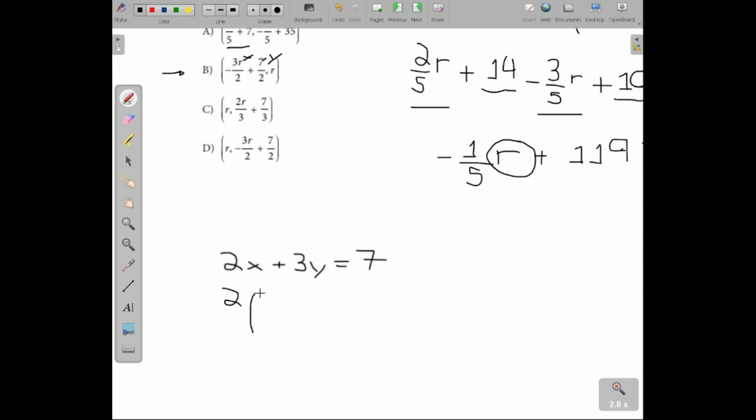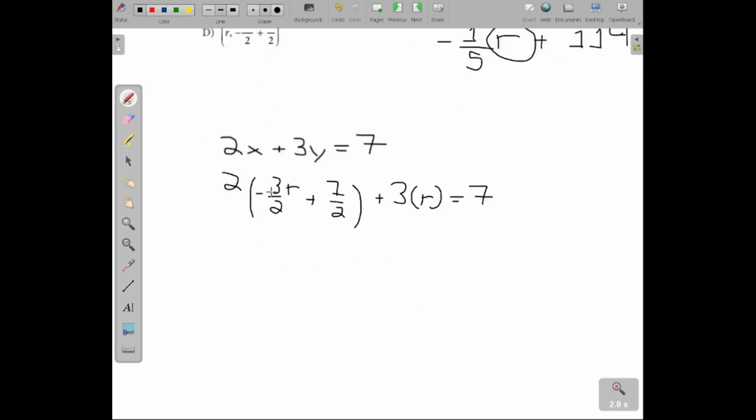Two times x is equal to minus 3r divided by 2 plus 7 divided by 2, plus 3 times y, and y is equal to r, equal to 7.